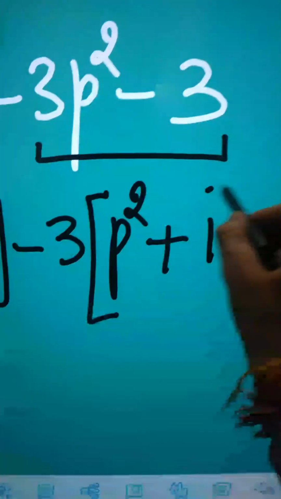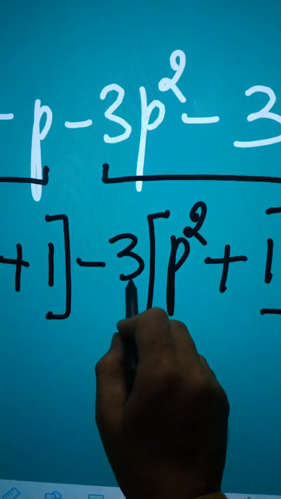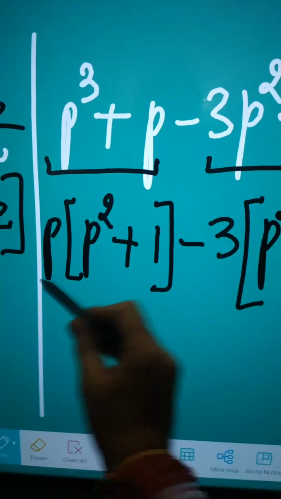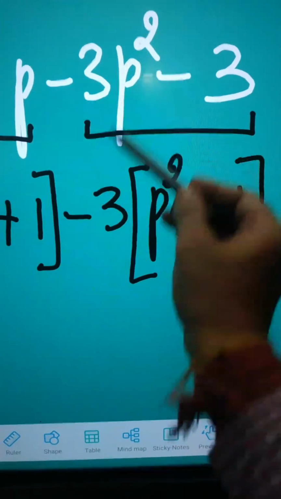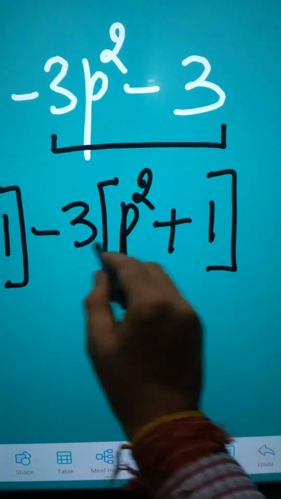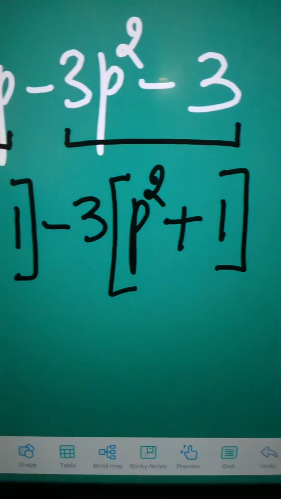This will become plus 1. Now how is it plus 1? First you will write the number, and then you will check that on multiplying p into p square is p cube, p into 1 is p, minus 3 into p square is minus 3p square, minus into plus is minus 1. So that is why I have to write plus here, because minus into plus will give me minus.